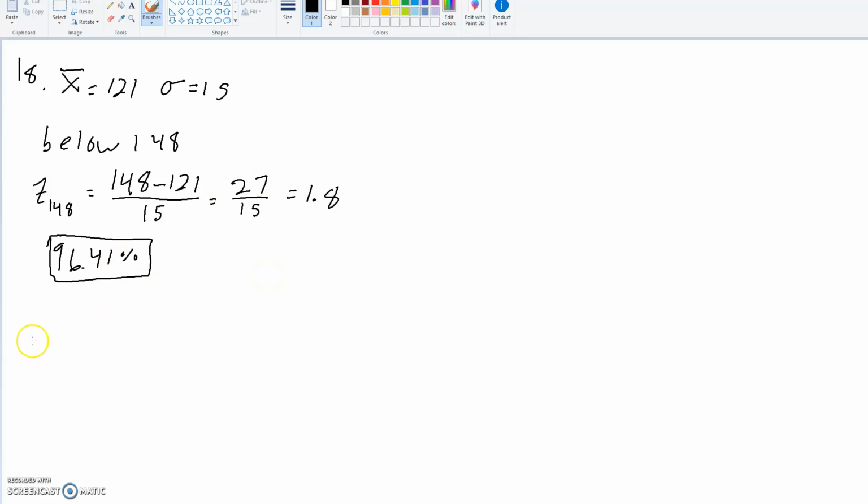Then, number 24 wants to know, how many have blood pressure between 145 and 157? Here we have two values that we're looking at. So we need to find what z of 145 is, and what z of 157 is. Let's start with 145.